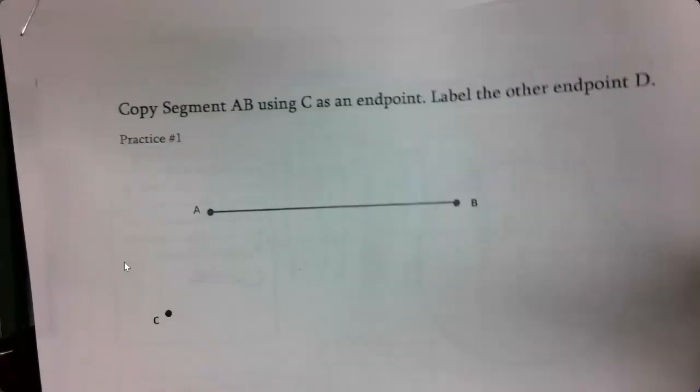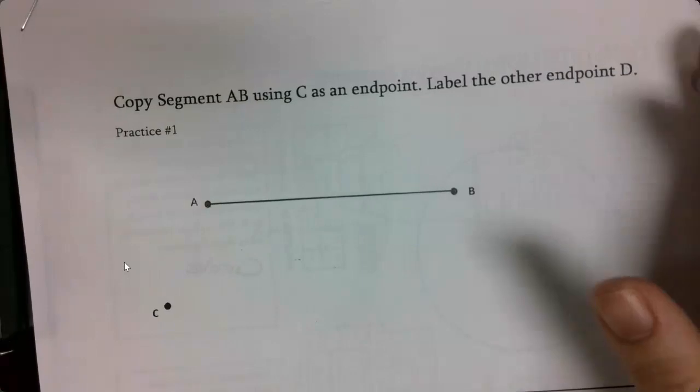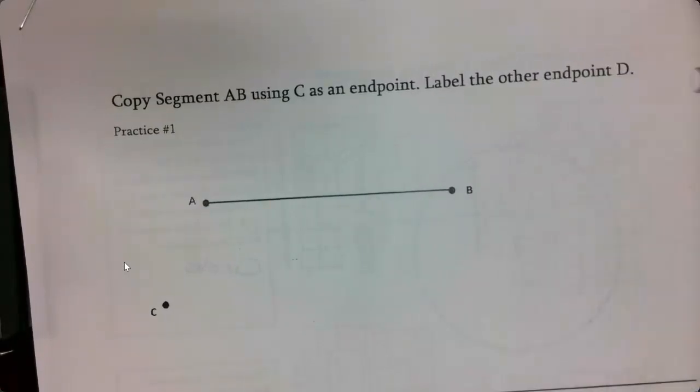So my next page, it wants me to copy segment AB using C as an endpoint, and then label my new endpoint D. So what I'm going to do is write out my steps.